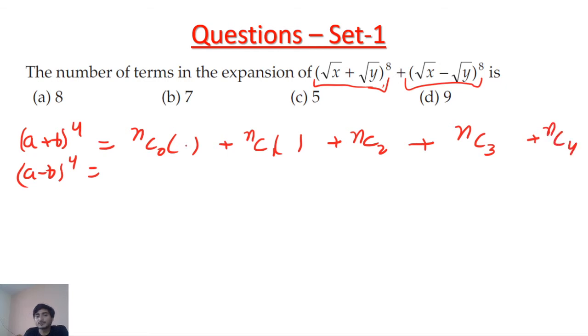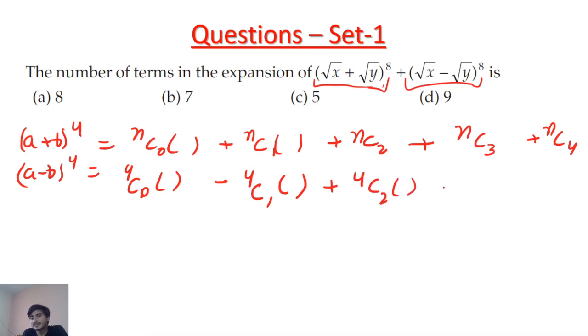Sorry, n will become 4 here. Same way here, the 4C0 term will be something, but when the second term comes, that will be an odd term because it is the (a - b)^4 expansion. So 4C1 is negative. Same thing, plus 4C2 and then something, minus 4C3 and then plus 4C4.